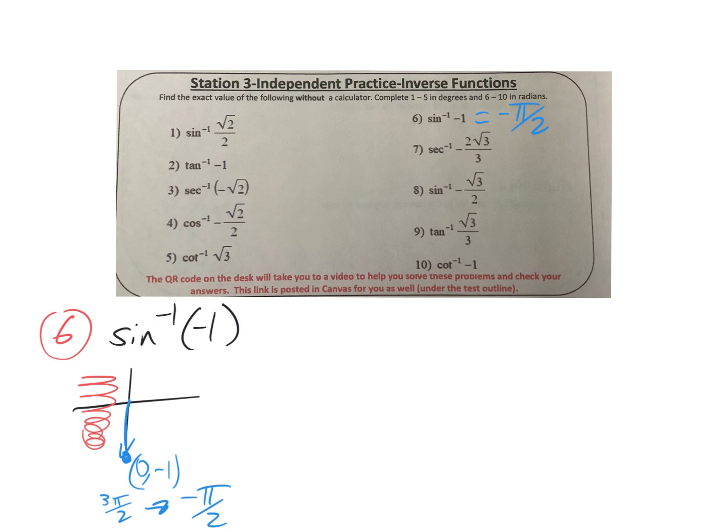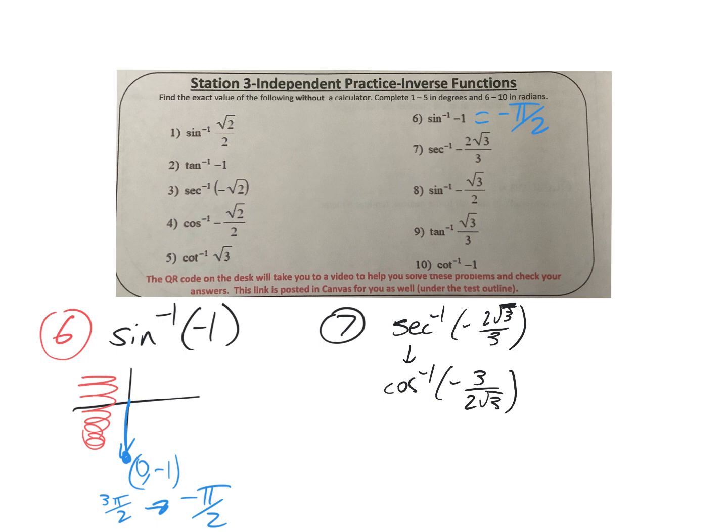Very similarly, we can approach number 7, which is again a secant problem, right? So remember, secants and cosecants are the tricky ones. So secant inverse of -2√3 over 3. Let's flip it over to make it into a cosine function. So cosine inverse of -3 over 2√3. Ugh.